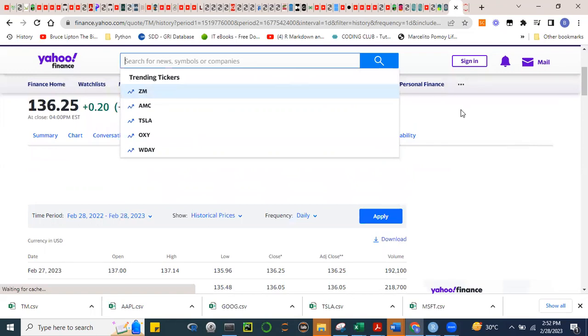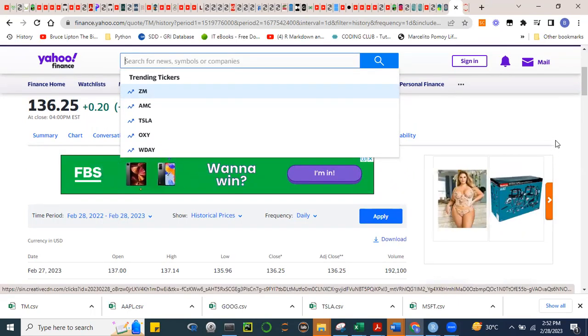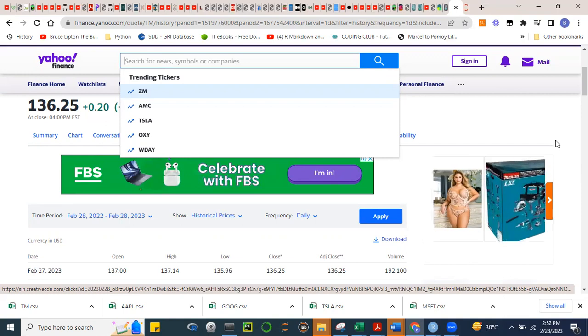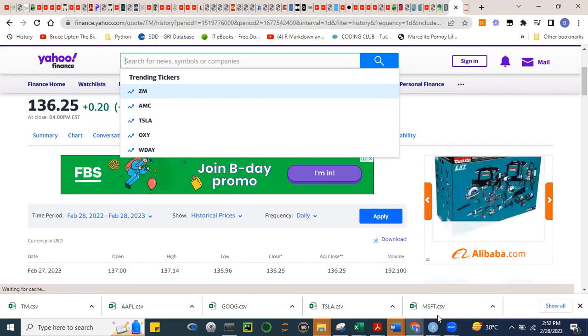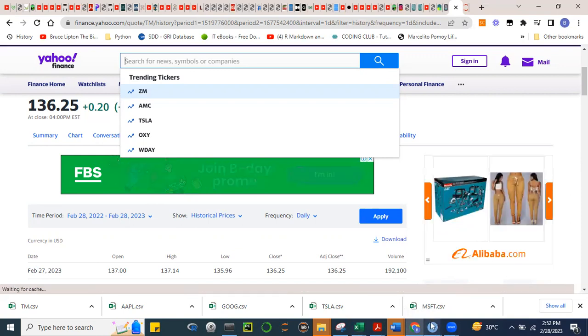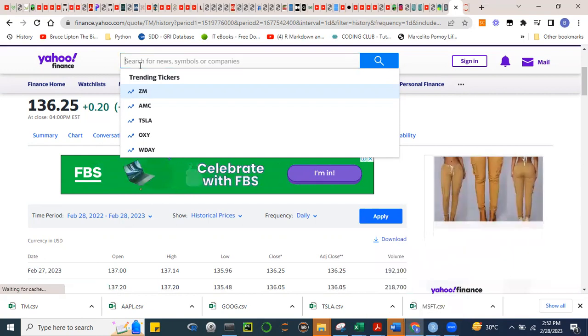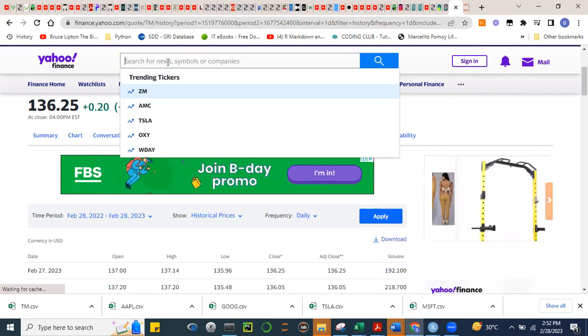Yeah, any industry. Sige. Meron na tayong tech stocks, meron tayong sa automobile, meron tayong sa foods, wala tayo. Sa healthcare, wala. Sa banks. GS, sir, Goldman Sachs.